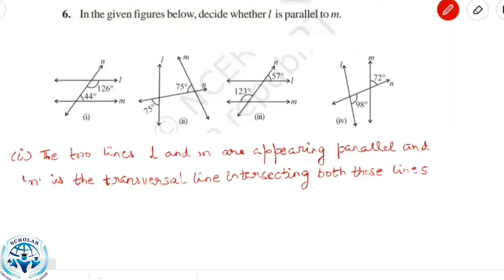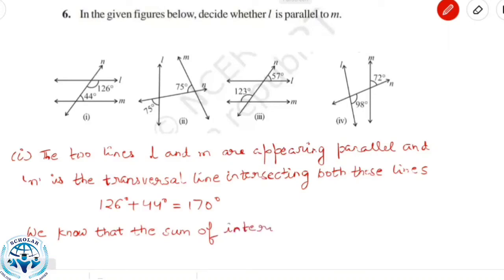So if the lines are parallel, the interior angles on the same side should be 180 degrees. Let's find out. When we add these two angles, they sum up to 170 degrees. So the conclusion is that L is not parallel to M. That means both these lines are not parallel, as the sum of the interior angles on the same side is not equal to 180 degrees.